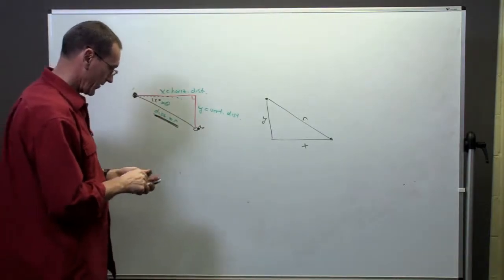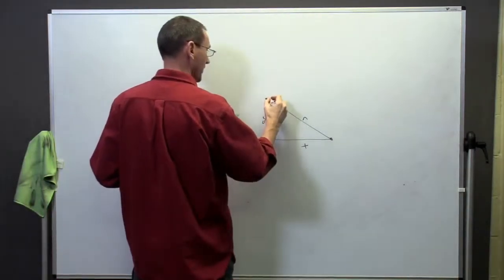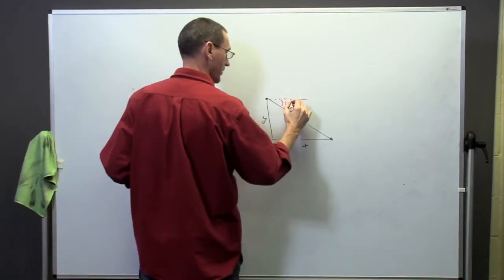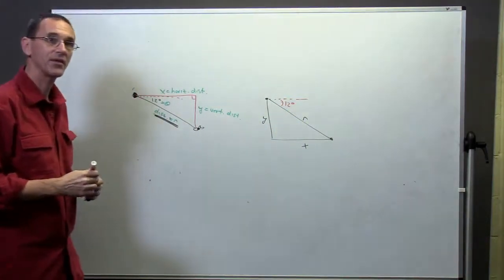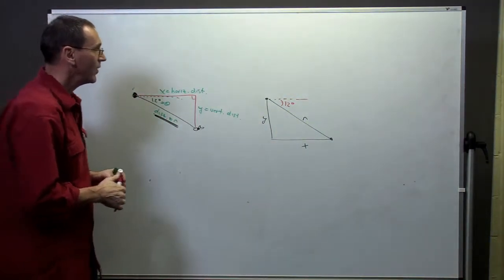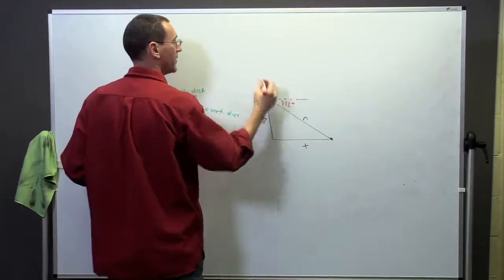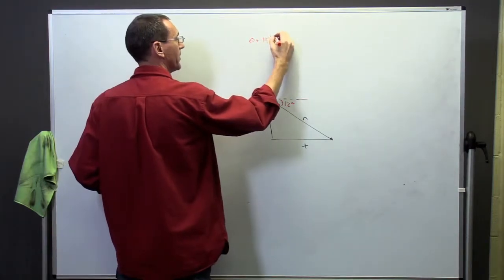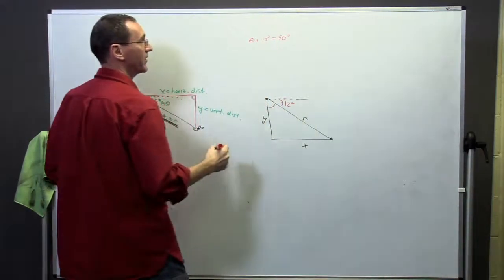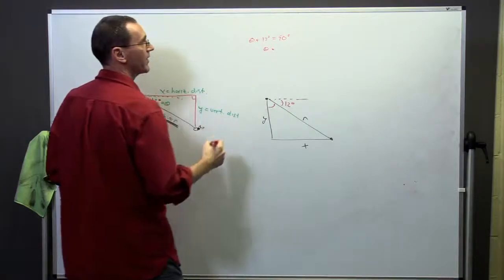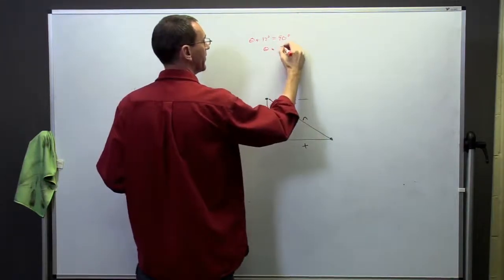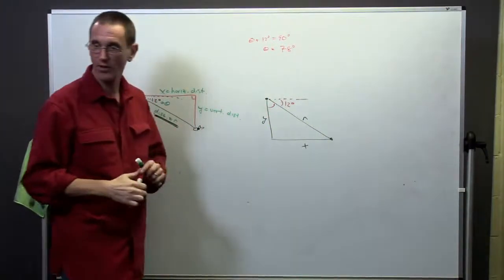What's going to make this different, though, is that angle is now on the outside. Okay? What does that mean? That means that this angle plus this, so theta plus 12 degrees, has to be a right angle, or 90 degrees. So if I subtract that from both sides, that's going to give me what, 78 degrees, I hope?